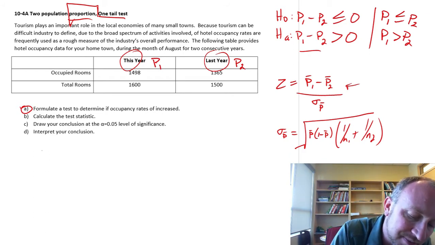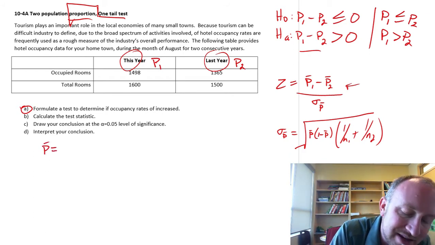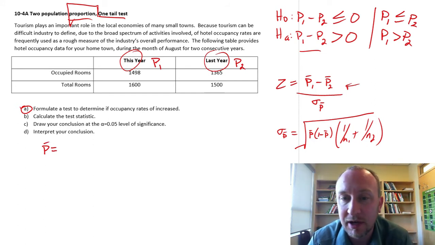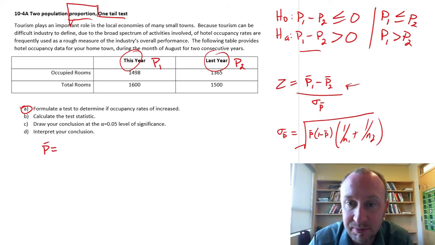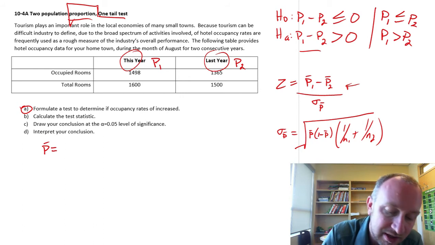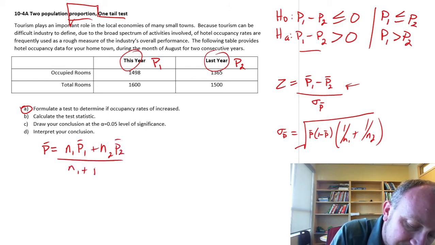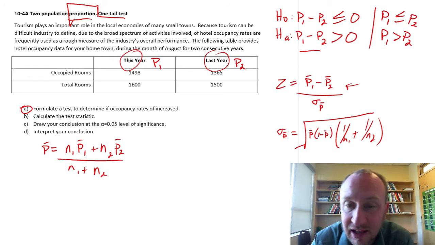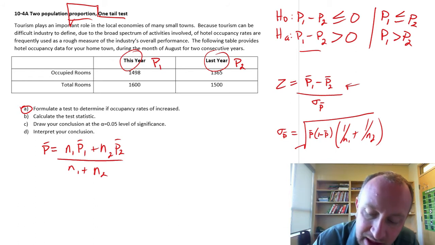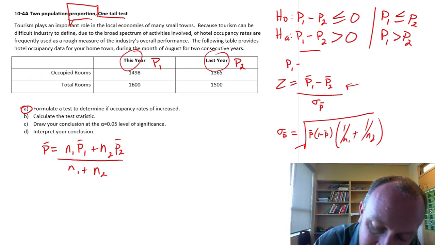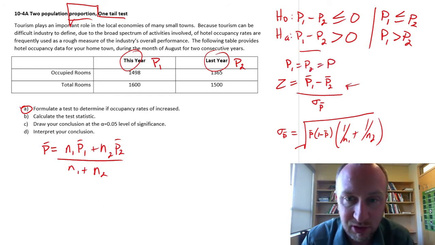What that implies here is that we calculate what is called a pooled estimator of that proportion. It's basically just a weighted average of our two sample proportions. The assumption is that if the null hypothesis is true, then P1 is equal to P2 is equal to some common proportion.